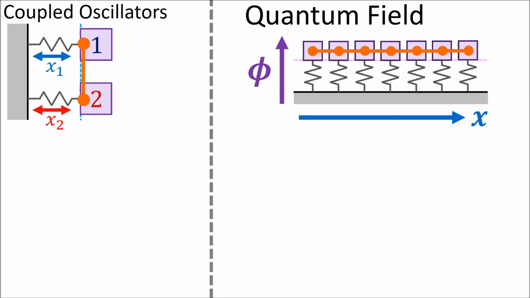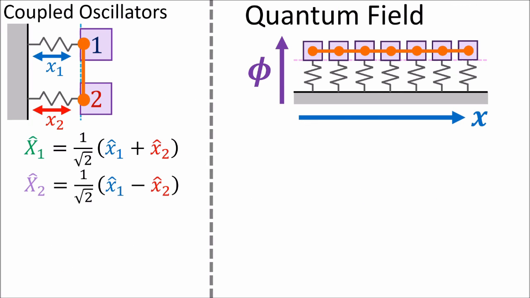Now, with the coupled quantum oscillators, we combined the two oscillator position operators in linear combination using the normal mode coefficients to get the big X position operators for normal modes. We can do something similar for oscillators in the Klein-Gordon field. We can combine the various phi position operators together using normal mode coefficients given by these complex exponentials.